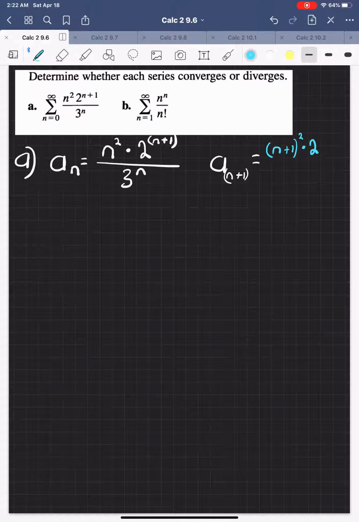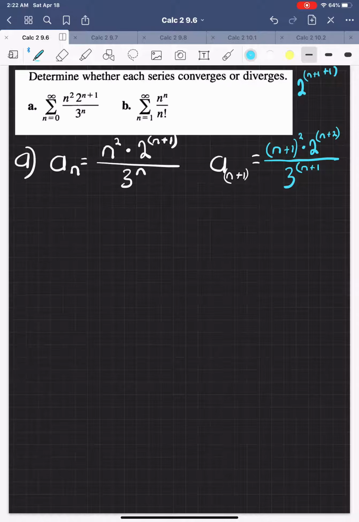Now you can go ahead and do this in your head, right? Because 2 to the power of n plus 1 is basically what you would have there. Let me make sure I did that correctly. Yeah, so that would be n plus 2. 2 to the power of n plus 2 over, well, 3 to the power of n plus 1.